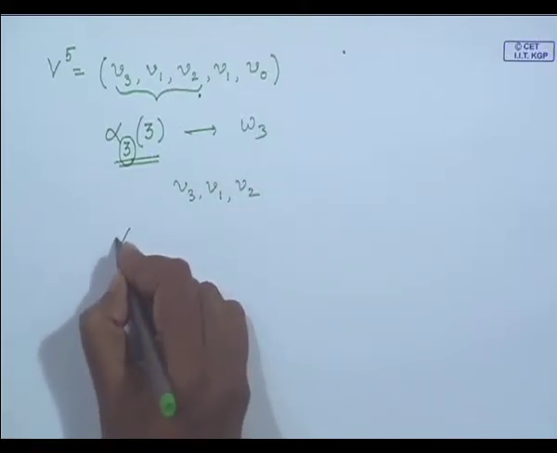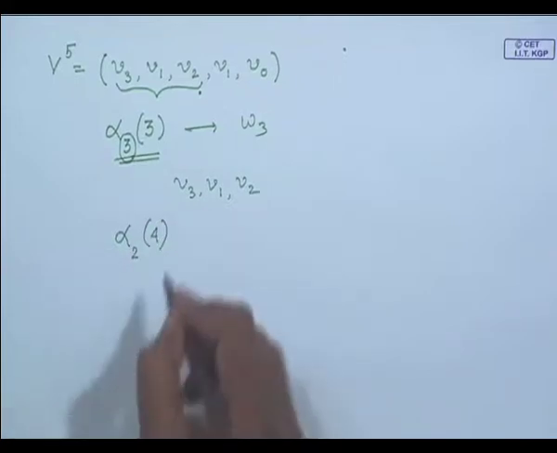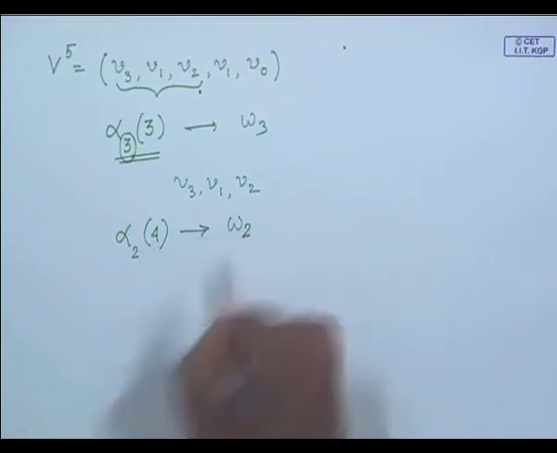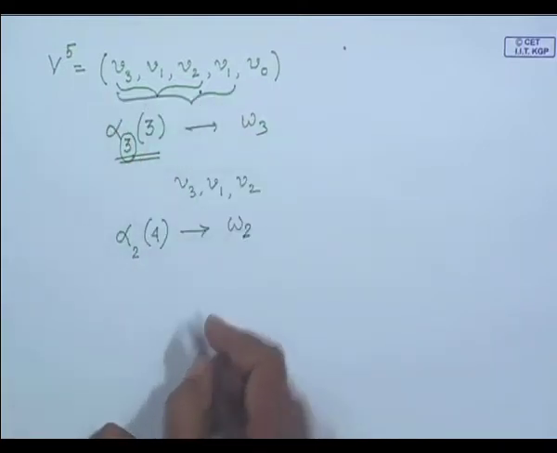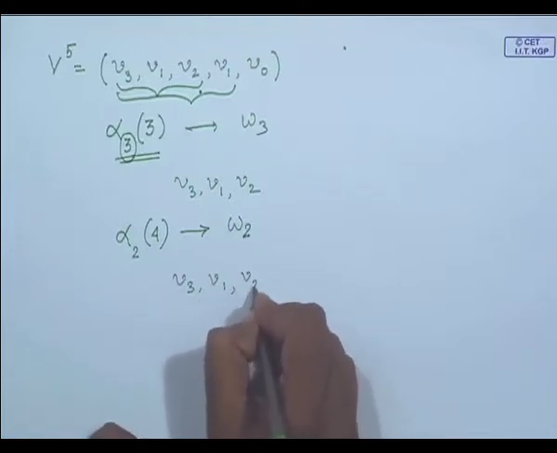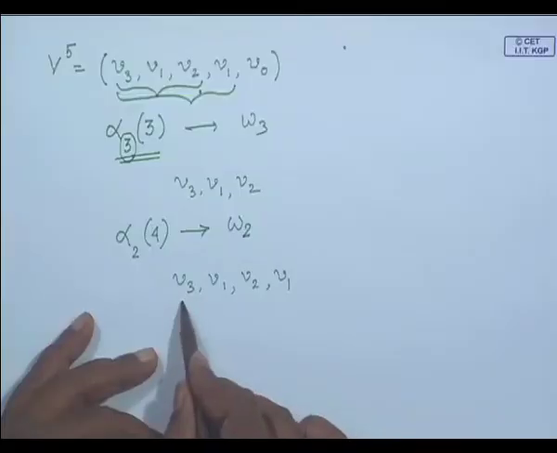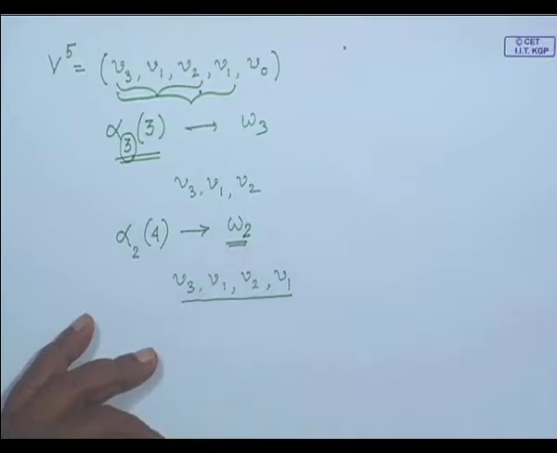Similarly, if I ask what is alpha 2 4, this says what is the probability that the machine will be in the hidden state omega 2 after generating the first 4 symbols, that is, it has already generated V3, V1, V2 and V1.